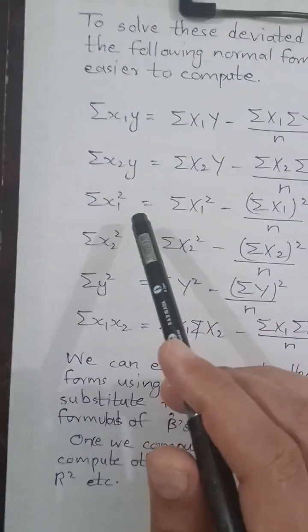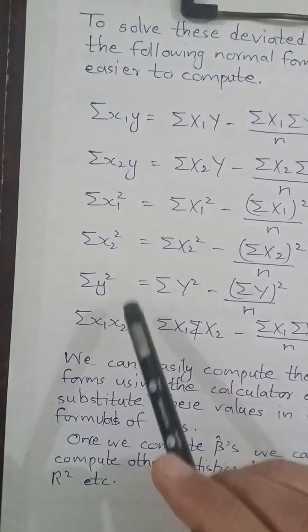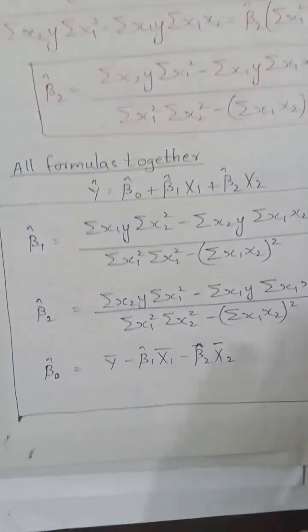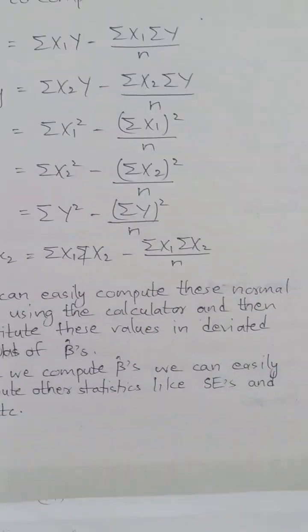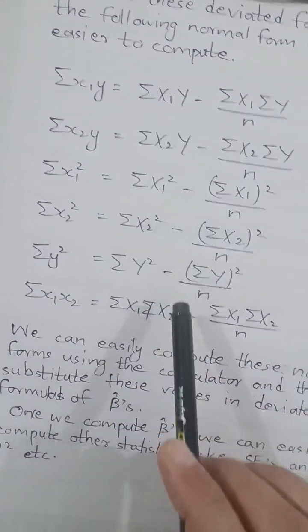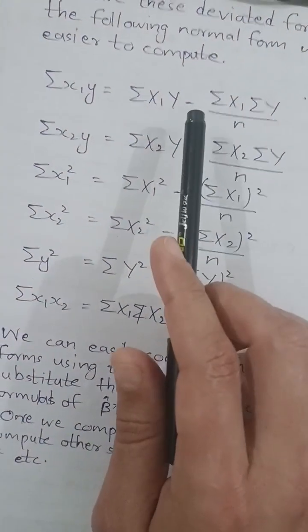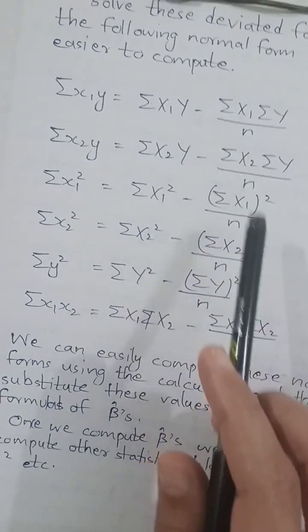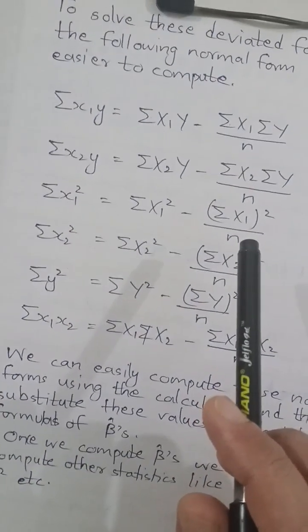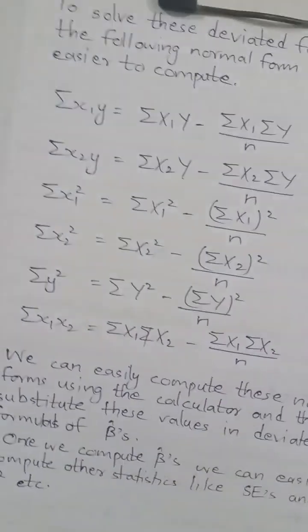So there are 6 terms that appear in these two formulas. These terms are equal to these terms, and these terms are easier to compute. You do not need to convert the actual variables into deviated form.